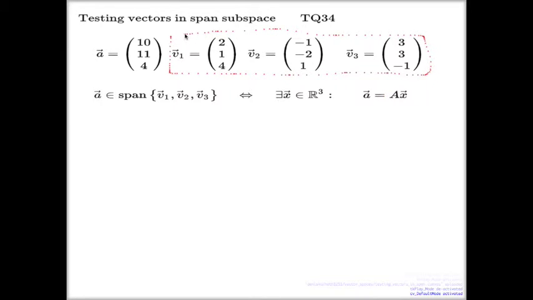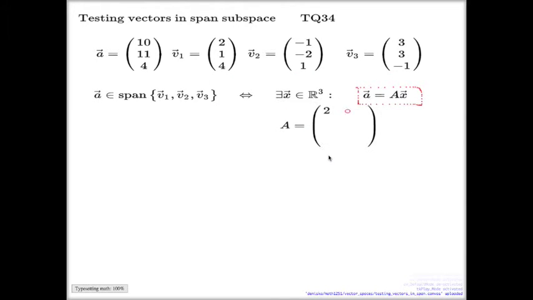This is the idea we just discovered on the slide before. Rather than testing directly in span, I build a matrix which is composed out of V1, V2, and V3 as columns, and see if my A is representable like that.